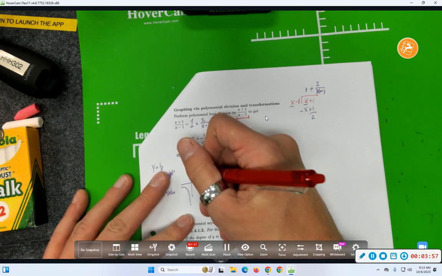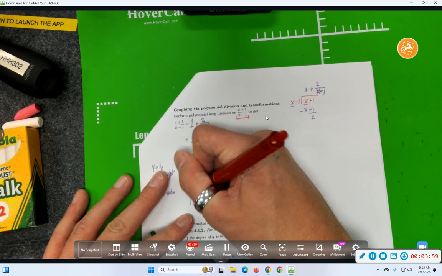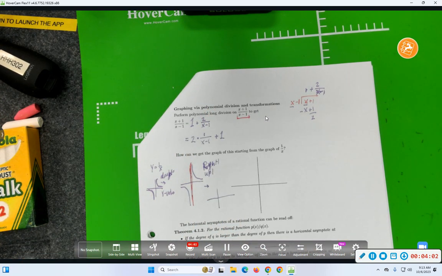Maybe the best way to think about that is it looks like there's this vertical asymptote of x = 0. What will happen to that vertical asymptote when I take it and shift it right 1 and up 1? It'll just become x = 1. You shift it right 1, you get x = 1, then it goes up 1, but it's already a vertical line.